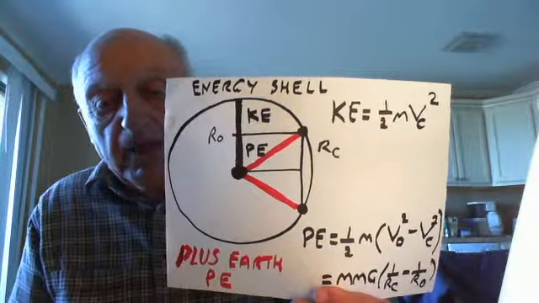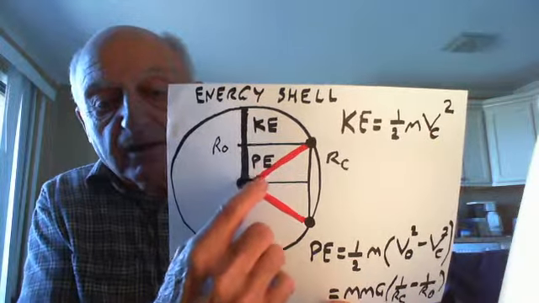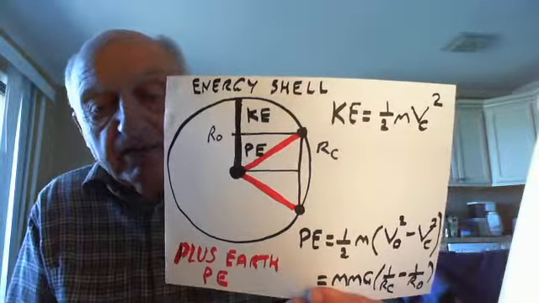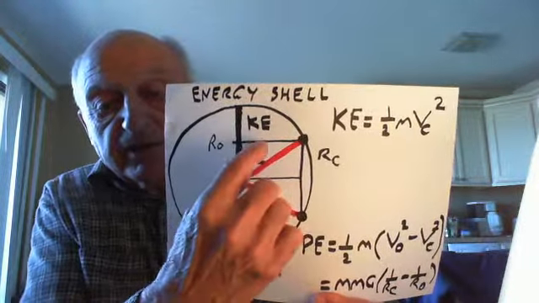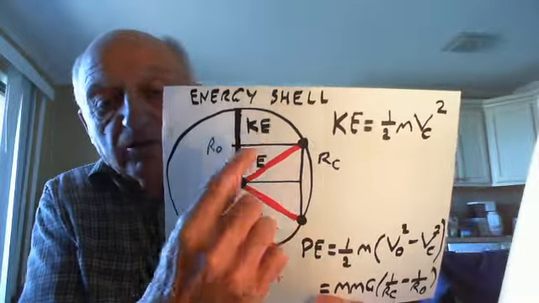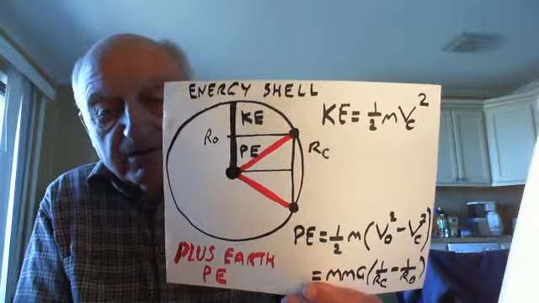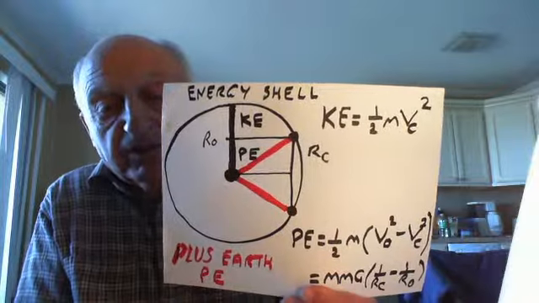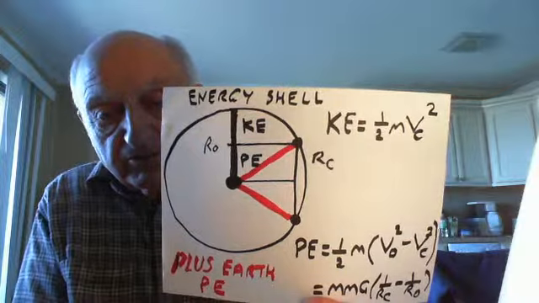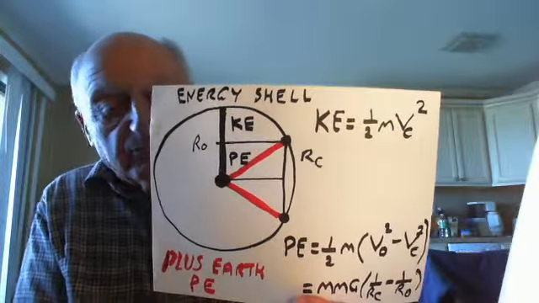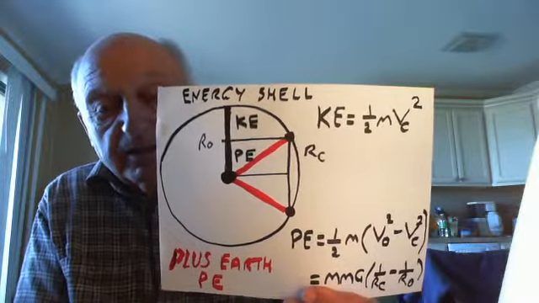But as you see, the amount of potential energy as shown by this half of the radius is in fact almost the entire amount of the energy of the moon, and what's left, the kinetic energy at the top, is in fact only a very small amount of energy, because the force of gravity being so much greater near the center of the Earth, the amount of kinetic energy added in the outer half of the circle is extremely small. The order of 1% of the moon's energy is in kinetic energy.